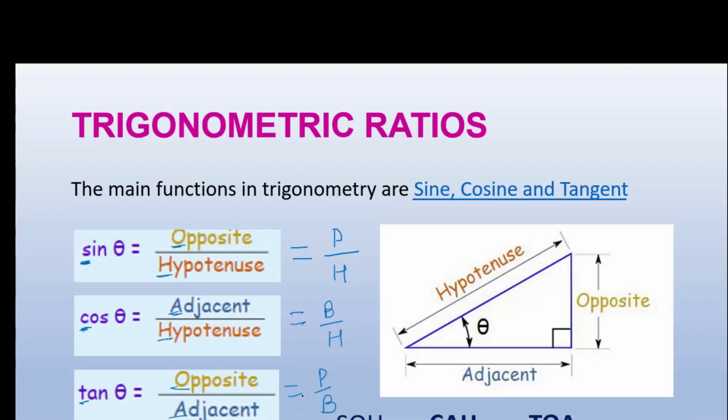After taking the first letters you get SOH, CAH and TOA. It sounds like so, ka, twa. This looks funny, but it will help you to remember the formulas.